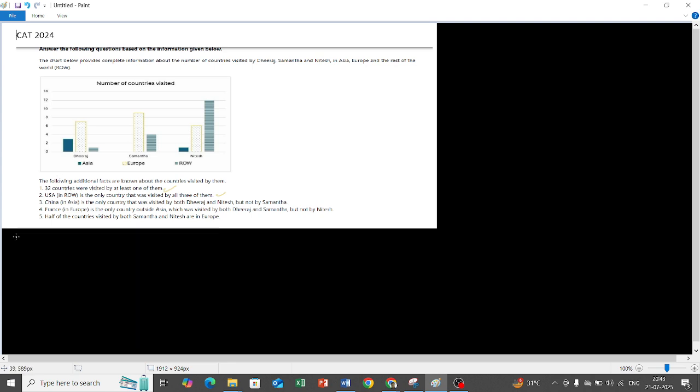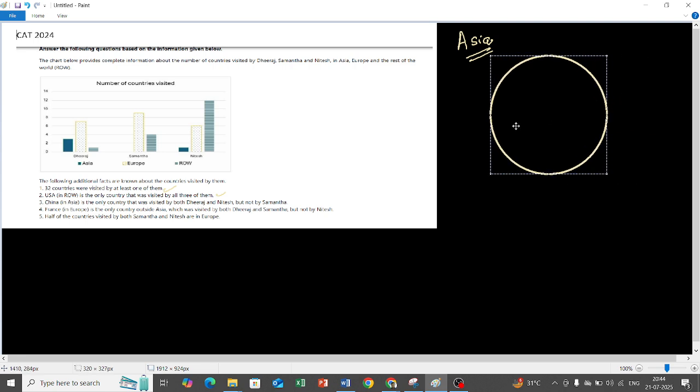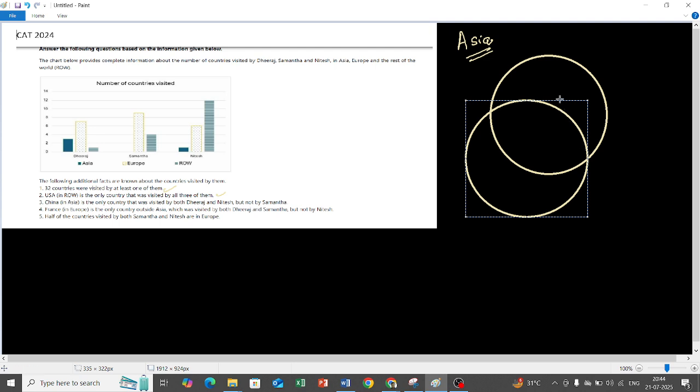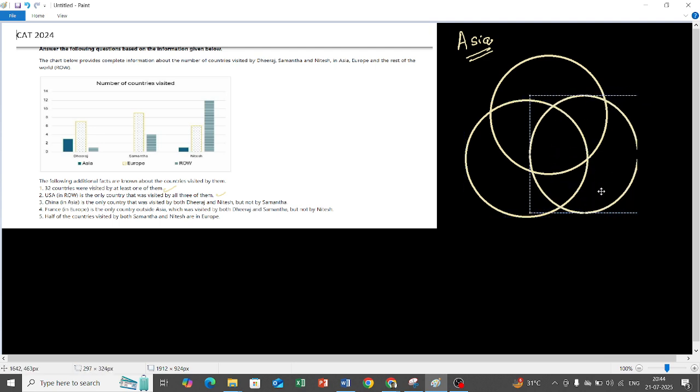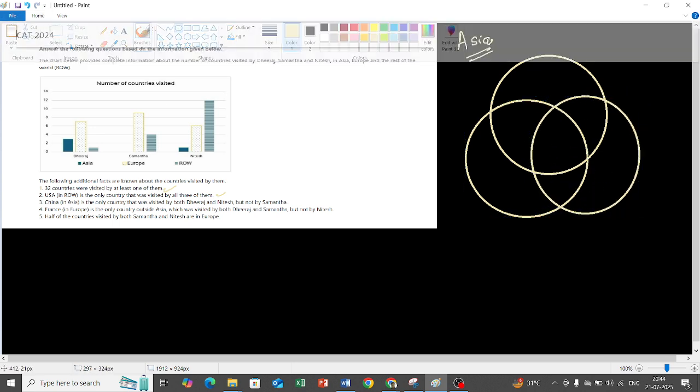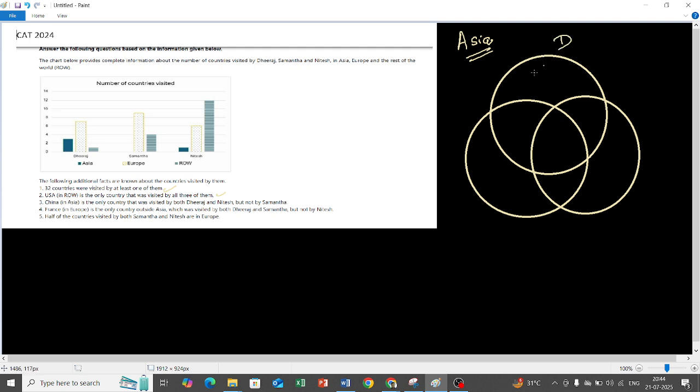For the first one we are making Asia. For Asia we will make three circles. What are these three circles? One is Dheeraj, then Nitesh and then Samantha.